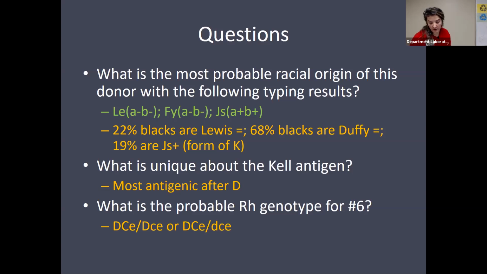If they're R1, but that example has you as little c positive too, right? So you have to have that little c antigen being expressed as well. And they're big E negative, so both genes have to have the little e being expressed. Does that make sense to everybody?